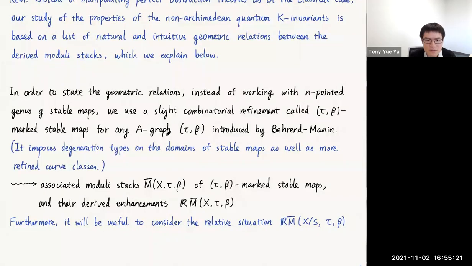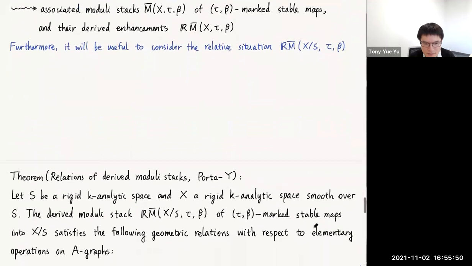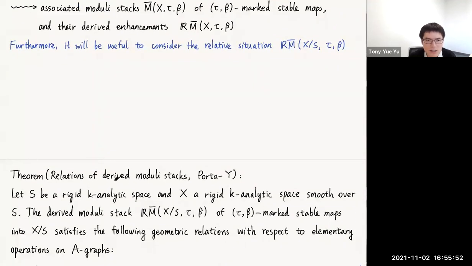So given any A-graph, we have associated moduli stacks of (tau, beta)-marked stable maps, which we denote by M bar X (tau, beta), and their derived enhancements are R M bar X (tau, beta). We are also able to consider the relative situation when X is a family over some S. So here are the relations of derived moduli stacks.